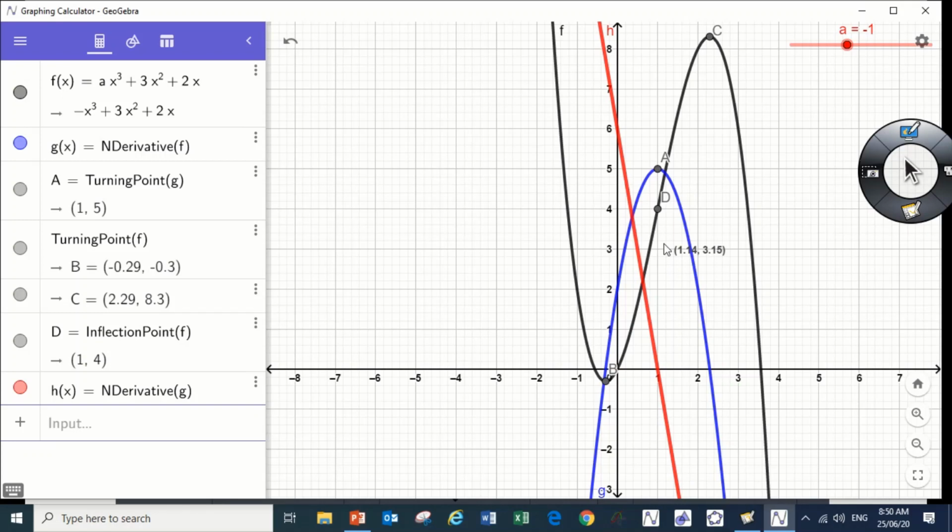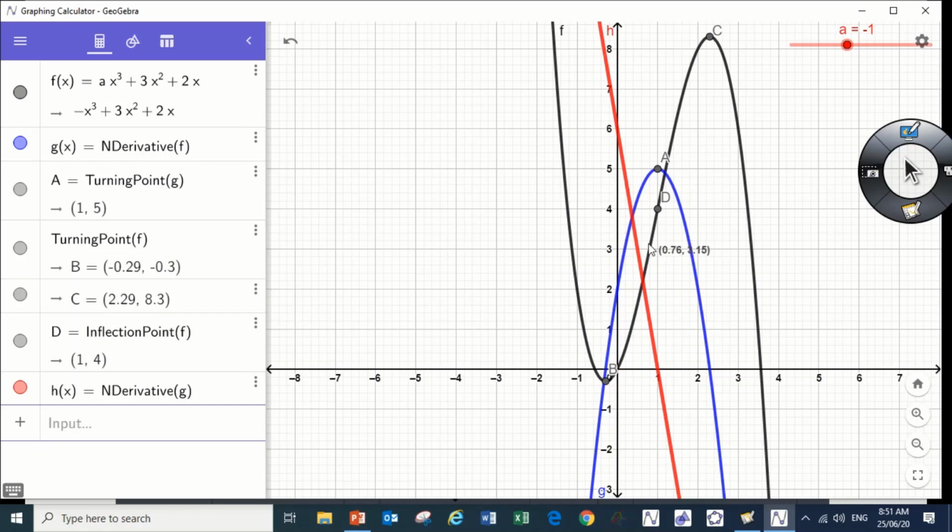The x-intercept of the second derivative is equal to the x value of the point of inflection and the x value of the turning point of the quadratic. This is very important.